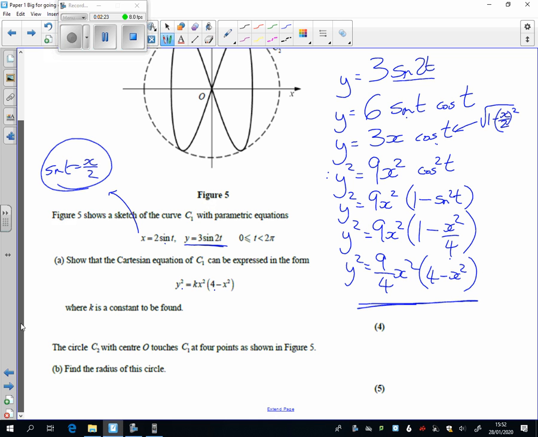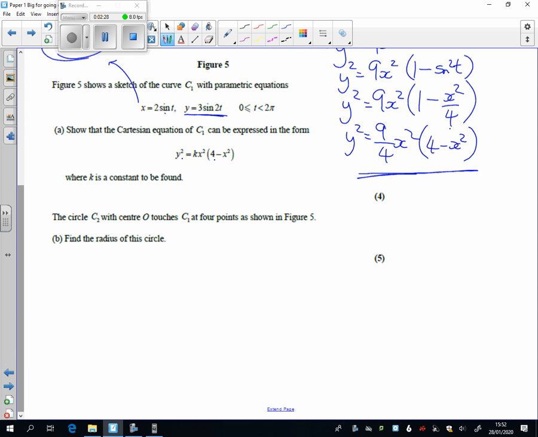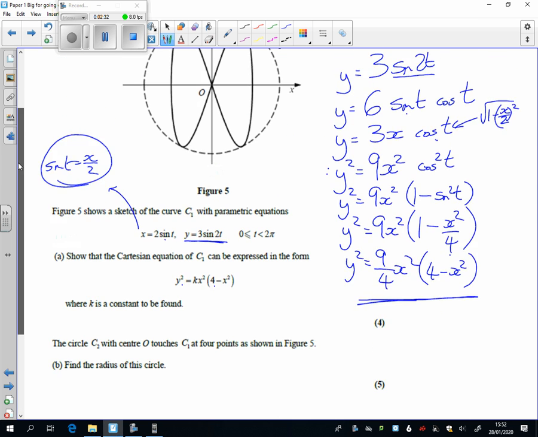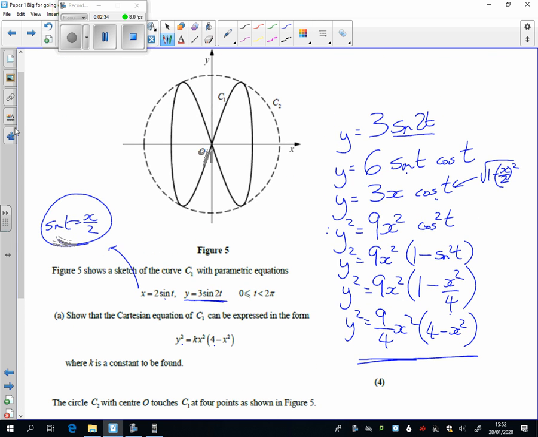Now, the last part's there to challenge the most able. We're looking at a circle, and this circle just touches it. Now, I thought for a minute that it was touching at the maximum points here, but it's not. It's touching at where the radius is as far out as it can be.